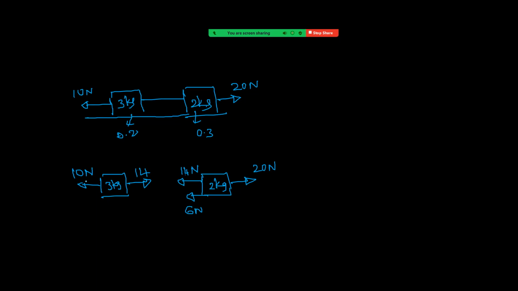So remaining how much? 4, on the right side. And we know that static friction is self-adjusting because both blocks are at rest. So static friction is self-adjusting. It requires a 4. So the frictional force becomes 4, so that 10 plus 4 is 14. This is now 14, right? So this is the correct one.